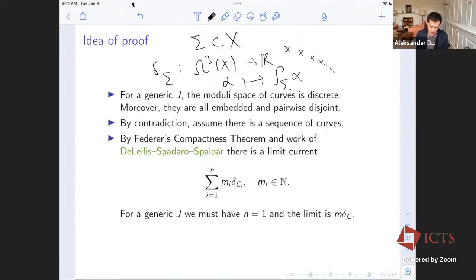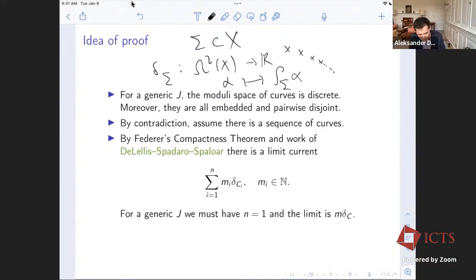You think of these curves as currents, and put them in the space of currents with the weak convergence topology. You can use Federer's compactness theorem to show that these currents must have a limit in the space of integer rectifiable currents. The limit could be quite a horrible thing in general.